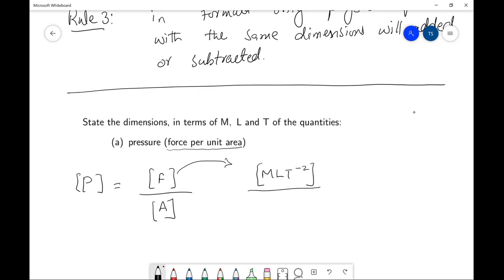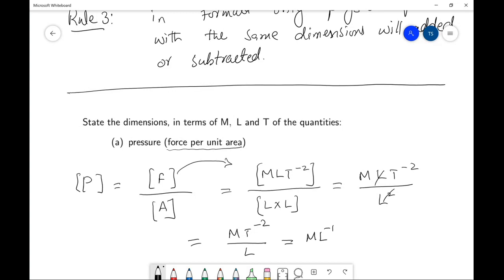And I know that area is what? Length times length. So that will be L squared. So MLT minus 2 over L squared. That square cancels that. So I have MT minus 2 over L, or what you can do, ML minus 1 T minus 2.